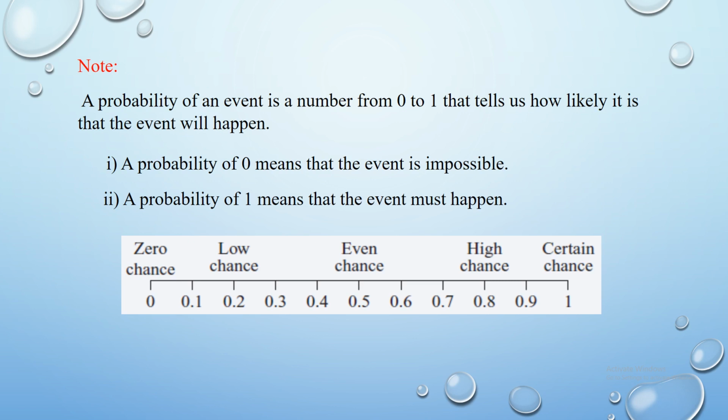This line represents chance or probability. 0 means impossible, and 1 is certain, absolutely, 100%. 0.5 is an even chance. 0.2 represents a low chance, less likely. 0.8 is a high chance, more likely.